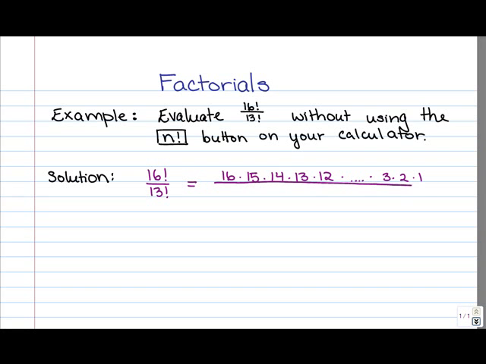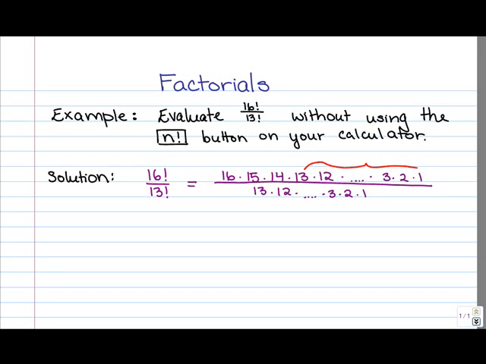You're multiplying 16 times 15 times 14 and so on until you reach 1. Now in the denominator we've got 13 factorial, which is 13 times 12 times all the numbers below it until you reach 1. Now you'll notice that in the numerator there is a certain point where you also reach 13 factorial, because 16 factorial is 16 times 15 times 14 times 13 times all the numbers below it.